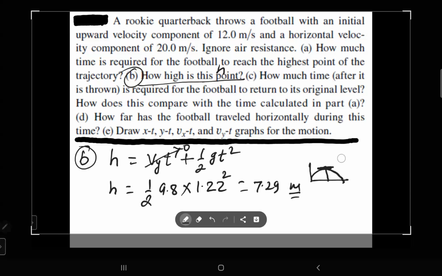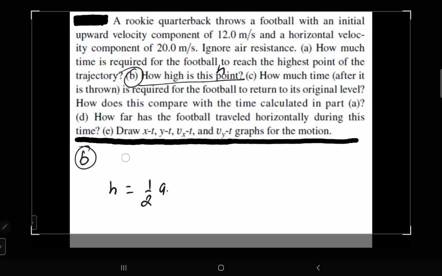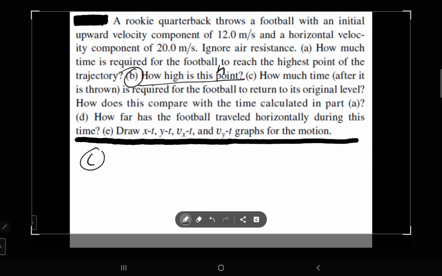Okay, so this is the maximum height attained by that football. This is part B. Now going to part C, which is finding how much time, that is total time after it is thrown, is required for the football to return to the original level. It means the football was thrown and getting to the original level is this level, right? So the time will be just twice the time required to get to maximum height, which was 1.22 second.